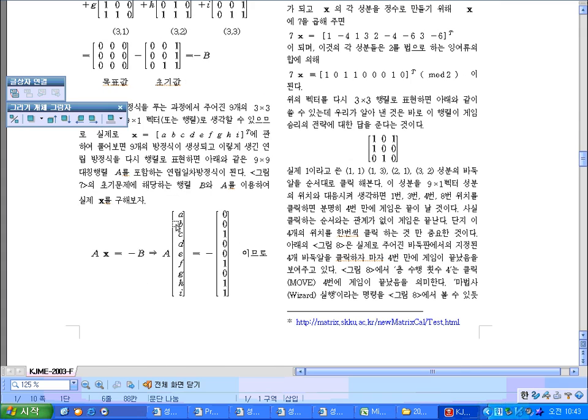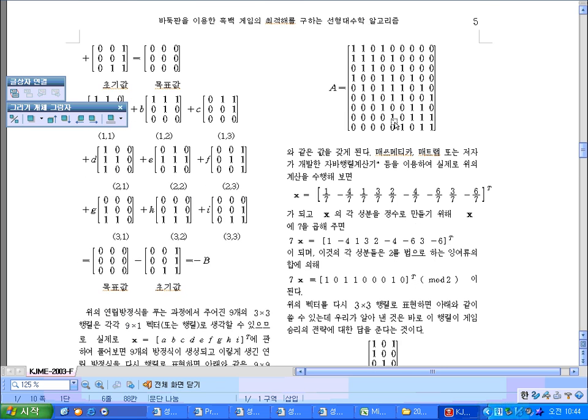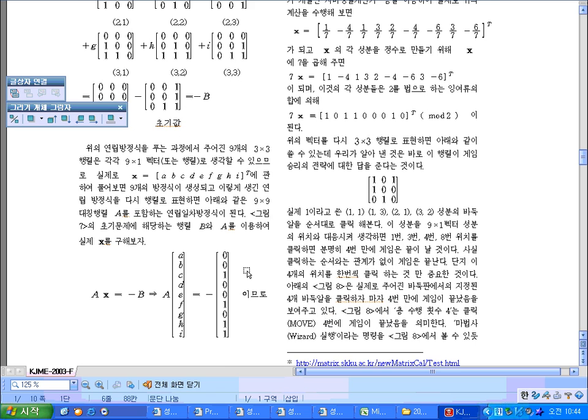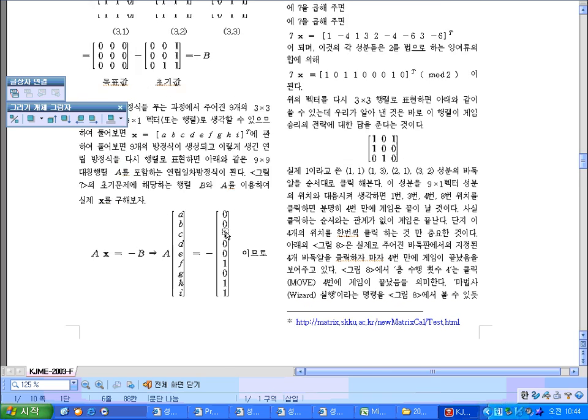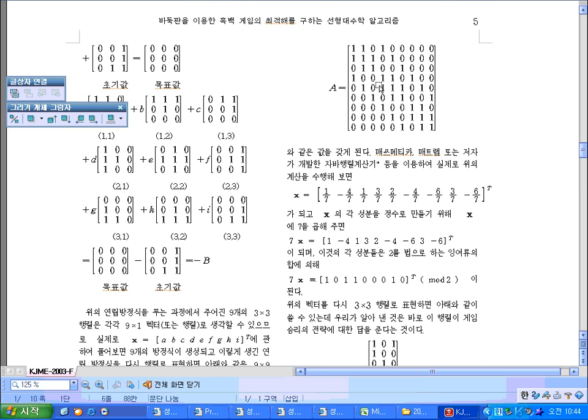If you rewrite it in a matrix form, as a linear system of equations, it can be written as a 9 by 9 matrix and 9 by 1 vector to solve it. If we solve this, we can easily find the solution.